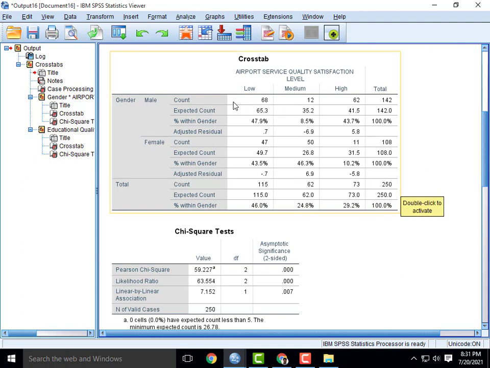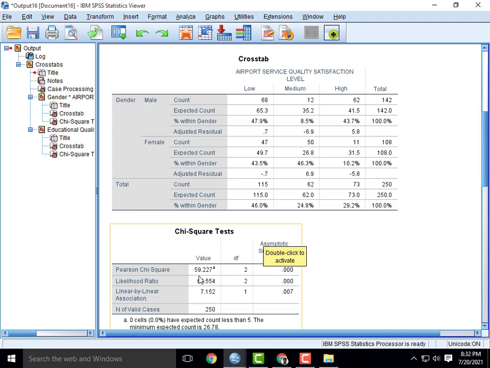This is our actual observation, 68, 12, 62, total 142. This is our expected count. Third row, percentage of the gender in each category. Then adjusted residuals. I will come to this later. Likewise female.